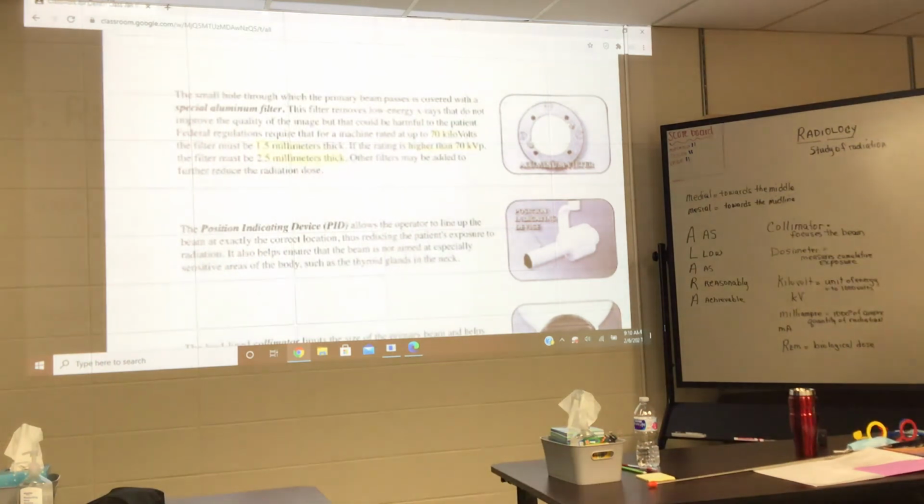Next, we're going to have a collimator. Okay, and the collimator reduces, line down, arrow down means reduces, scatter radiation.